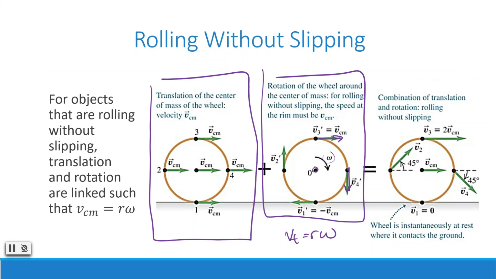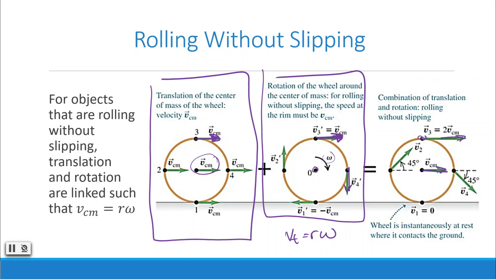The center is not actually rotating, it's just moving at a speed of V_CM. So if you add all those vectors together, the center has just the velocity of the center of mass because it's not rotating. The point up here at the top has the velocity of the center of mass from translation and another velocity of the center of mass from rotation. You add those together and you get 2 times the velocity of the center of mass.